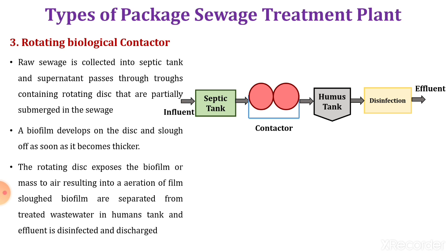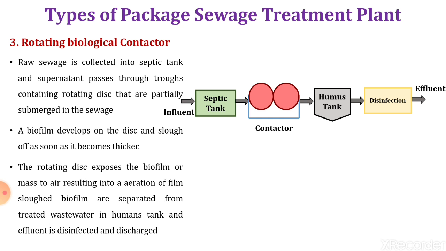If you see the corresponding figure, the effluent coming out from the septic tank is discharged into one tank. The tank is provided with two rotating discs. The axis of those rotating discs is in the horizontal direction, and we have to take sufficient care that the disc will be in a submerged condition, that is, it will be in contact with the wastewater.